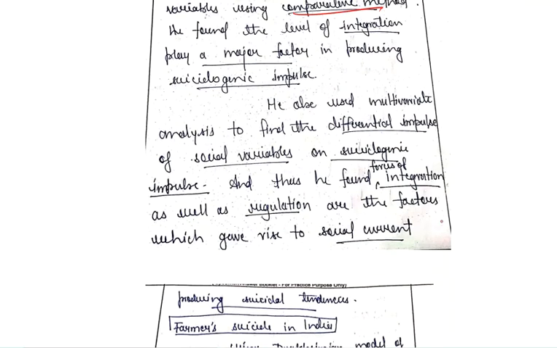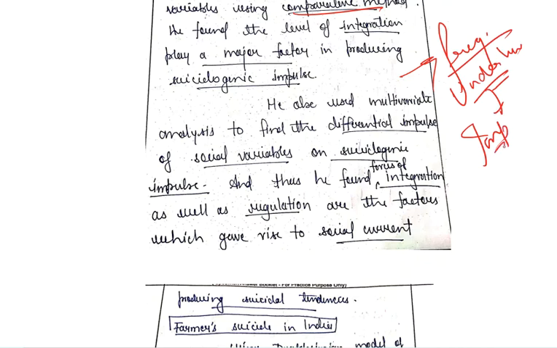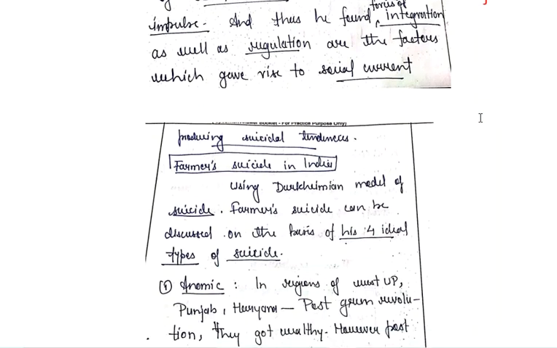Another important thing, please reduce the frequency of underlines. Underlining is very important, but at the same time it should not be practiced too much in an answer. So please maintain an optimum level of underlining.